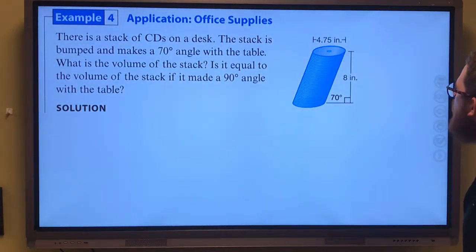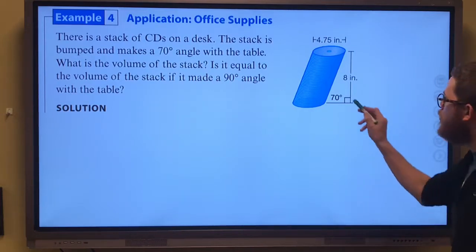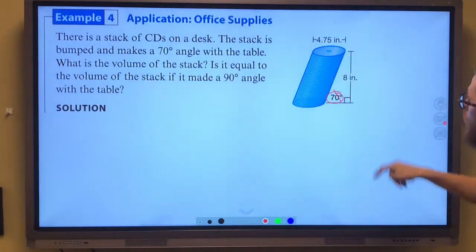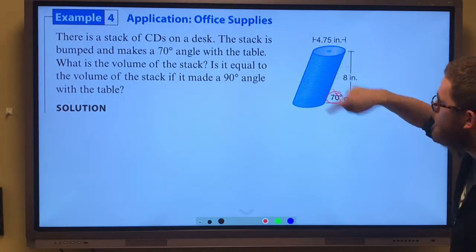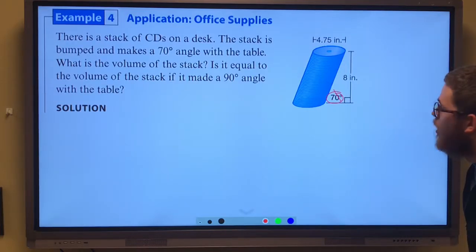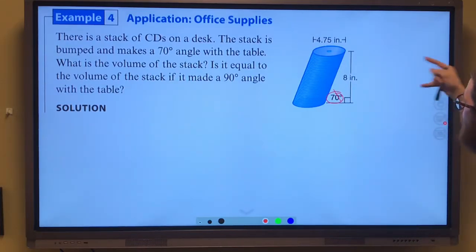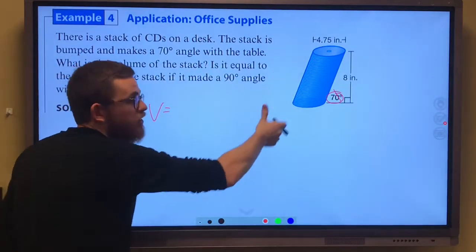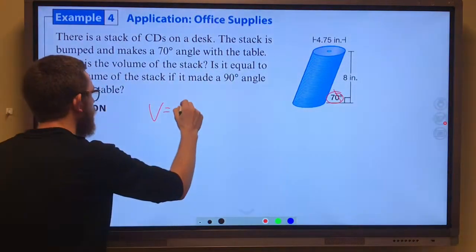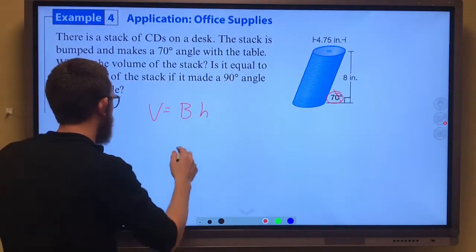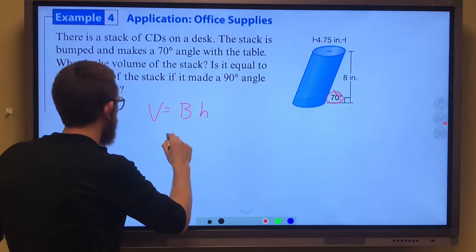What is the volume of the stack? Well, it doesn't matter if it's leaning over at this 70-degree angle. Ignore that. We know that the CDs have a diameter of 4.75 and a height of 8 inches. So the volume of our cylinder, even though it's leaning over, is area of base times the height. The area of our base is going to be pi r squared.